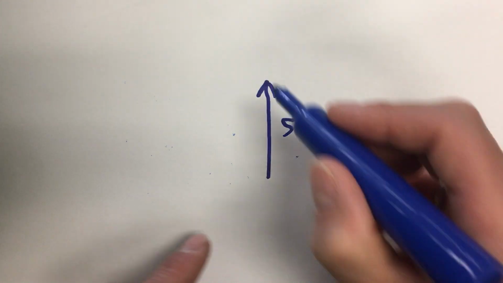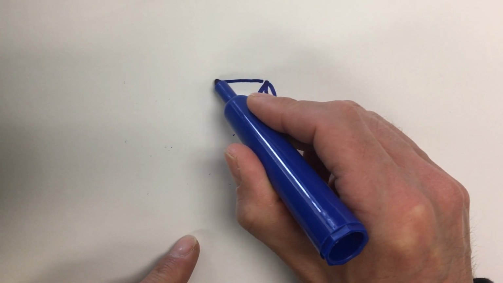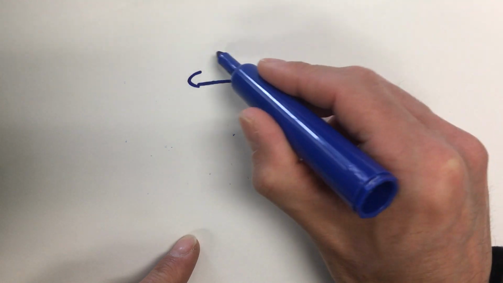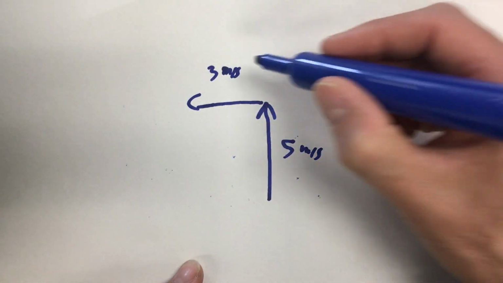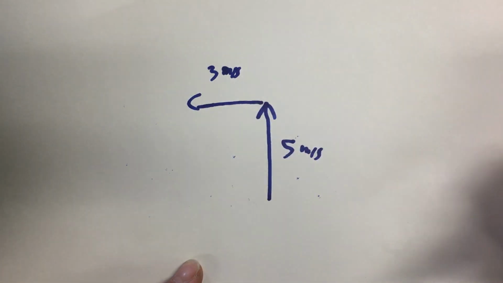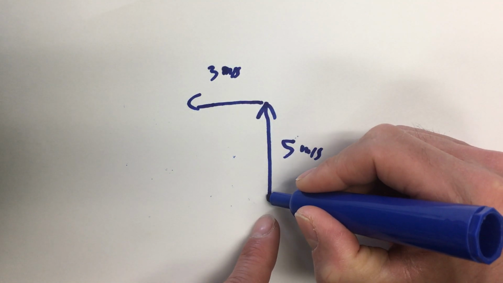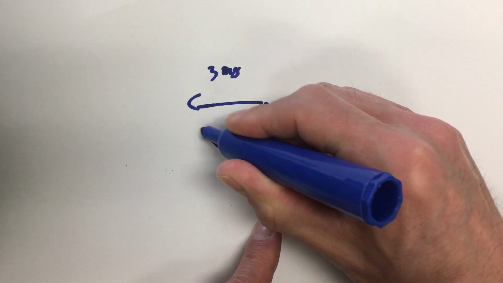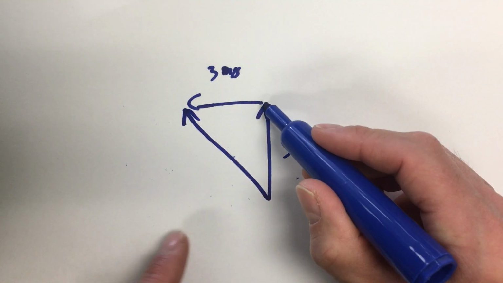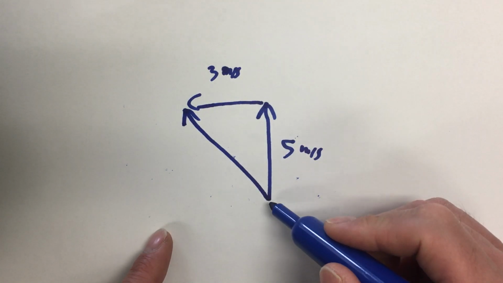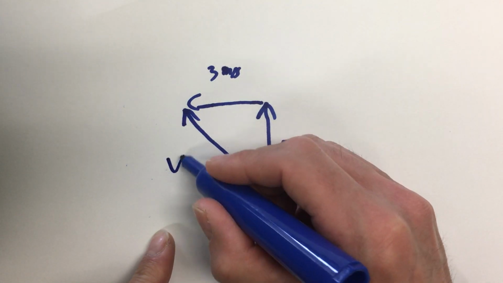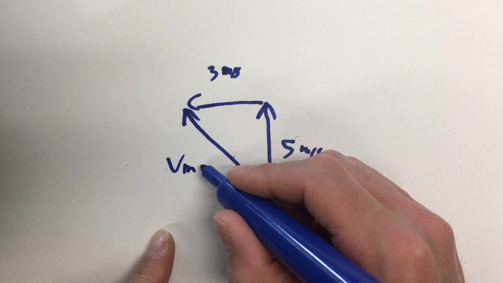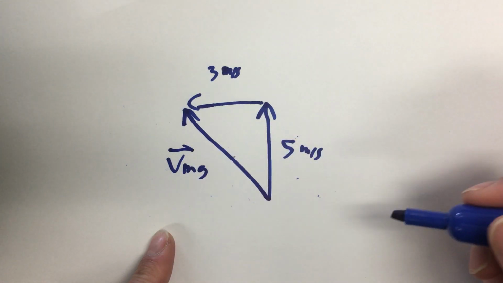That's the man in the water. We have a vector that is 3 meters per second west. That's the water with respect to the ground. So the man with respect to the ground is going to be the resultant vector. We put these two tip to tail, and then starting at the tail and moving to the tip, this is the velocity of the man with respect to the ground.